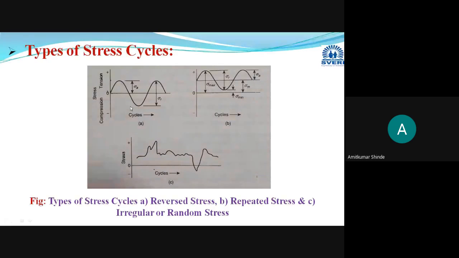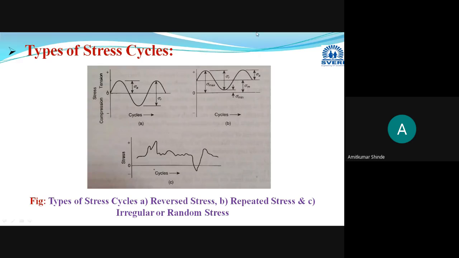A continuous cycle will be there, having tension, then compression, then tension, then compression. This will be repeated. This is termed a reversed stress cycle.